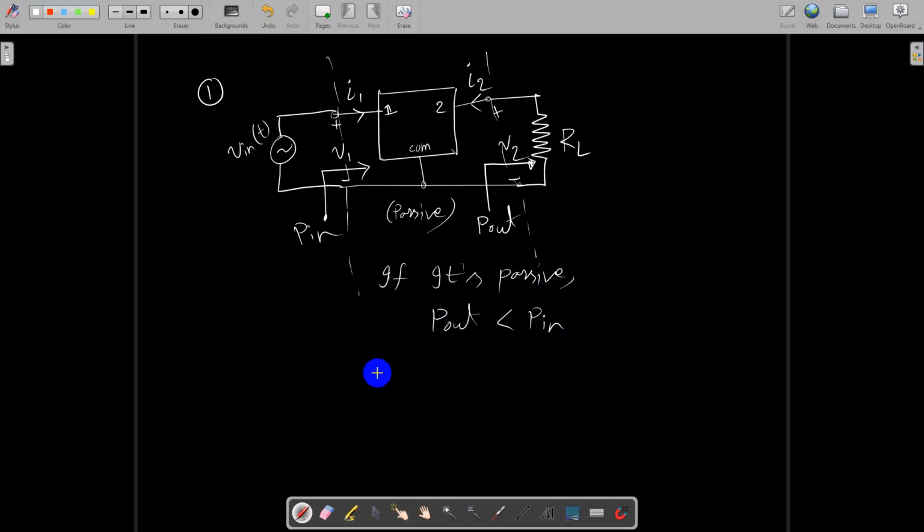Okay, nice. Now, what is P out? P out is the power that is transferred to the load.